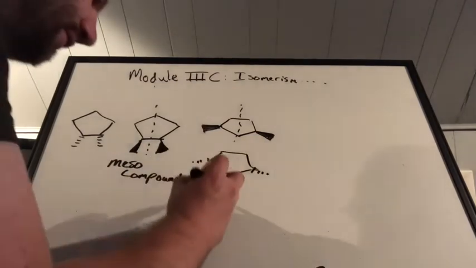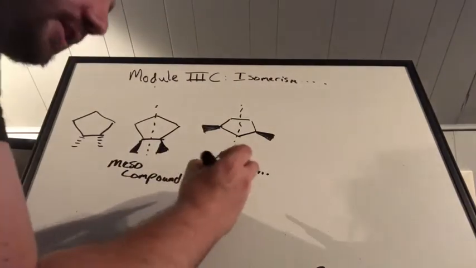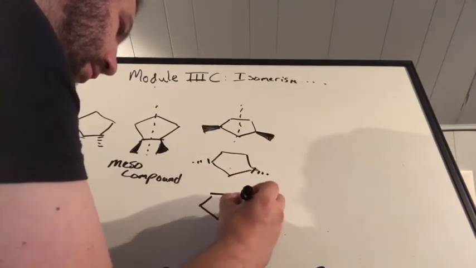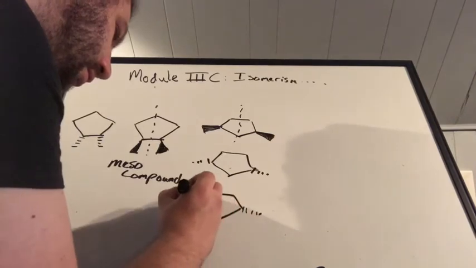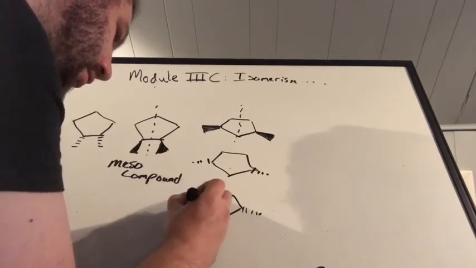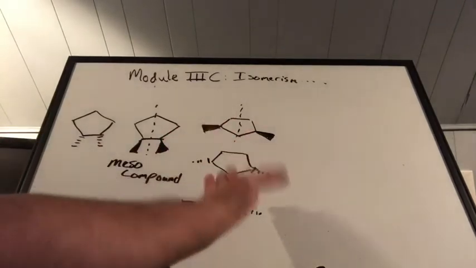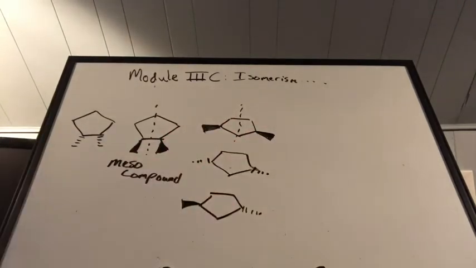Okay. So let's look at another example where there isn't a plane of symmetry. Now with this guy right here, if we flipped it over, would it look the same? Yeah, it would look the same.